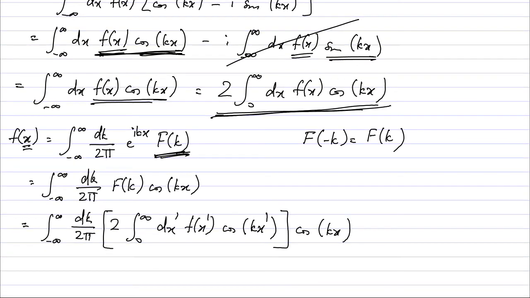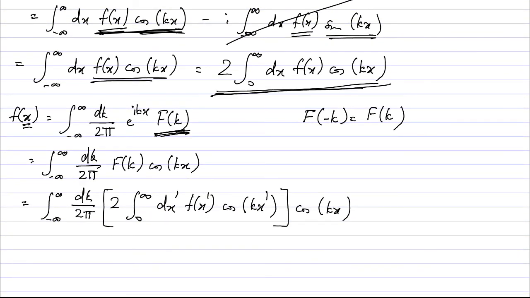Okay, just as before, since this integrand is even, I can replace these limits from minus infinity to infinity with from 0 to infinity, but put in a factor of 2. This factor of 2 cancels this factor of 2, but there is an additional factor of 2 that comes up because I am now integrating from 0 to infinity.